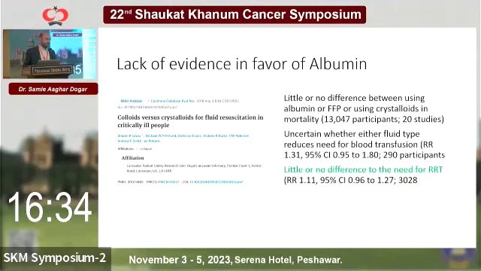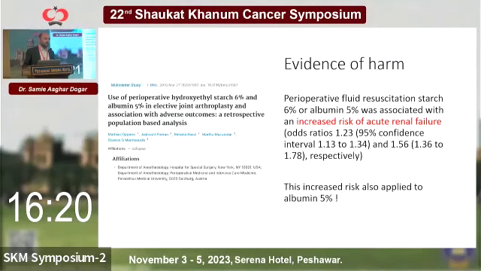But then there was lack of evidence in favor of albumin. Little or no difference between using albumin or FFP or crystalloids, and little or no difference in terms of the need for renal replacement therapy. And then there was also evidence of harm for albumin, in which 5% albumin increased the risk of acute renal failure, for both synthetic colloids as well as for albumin.